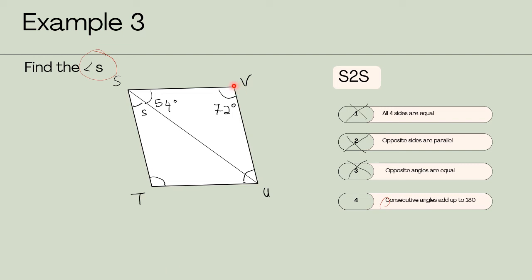We have angle V and we have angle S. When you rotate the rhombus, or you can even use your highlighter to highlight, you can see that there is a sharp C shape right here. So you know that this is a consecutive angle.